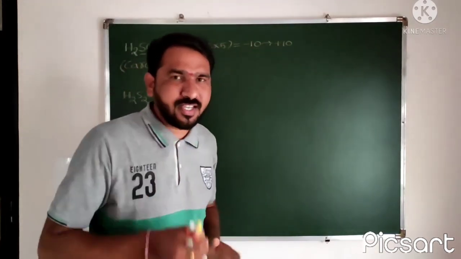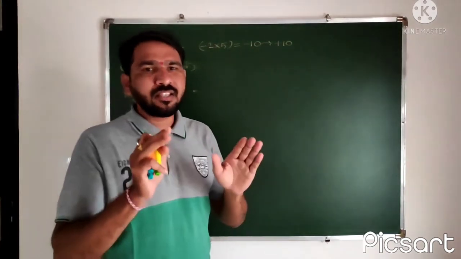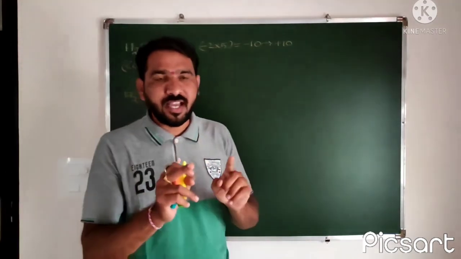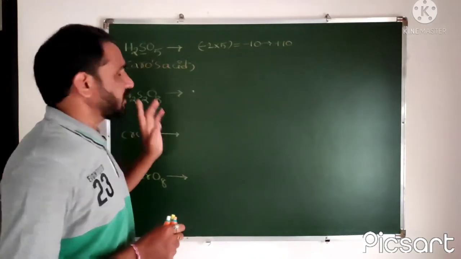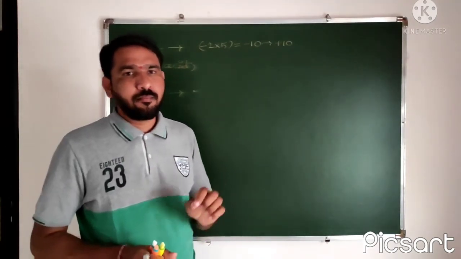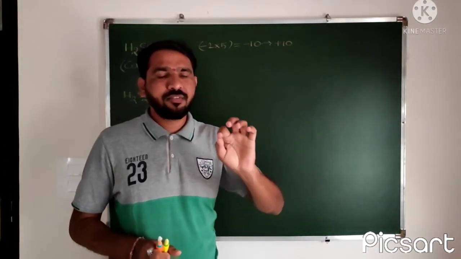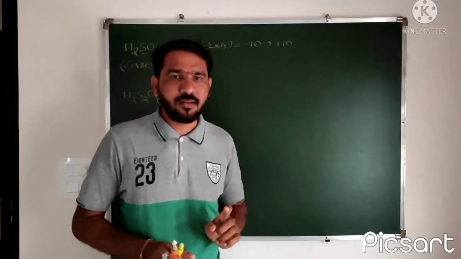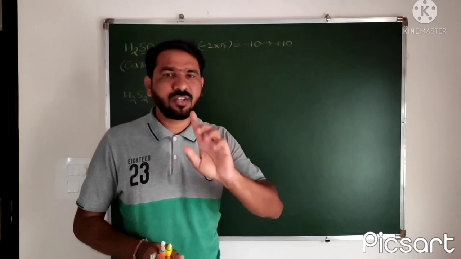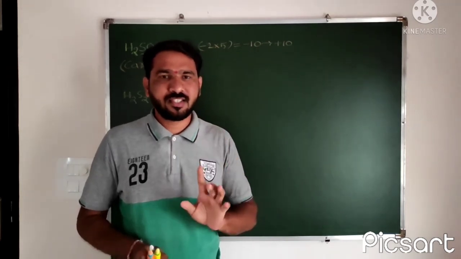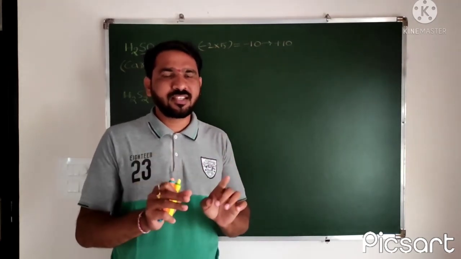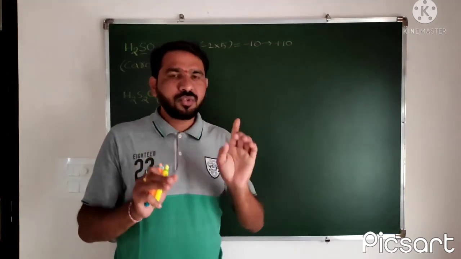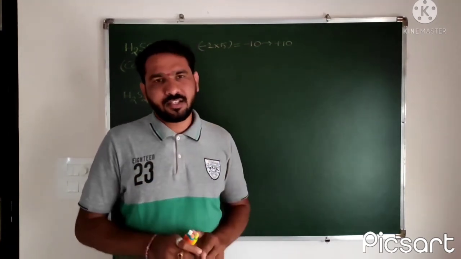It means plus 10. Among plus 10, plus 2 is deducted by 2H plus ions. The rest, plus 8, is the sulfur oxidation state. But plus 8 is not possible for sulfur. If we use one peroxy bond, then plus 8 is converted into plus 6. If plus 6 is possible for sulfur, then stop using the peroxy linkages.